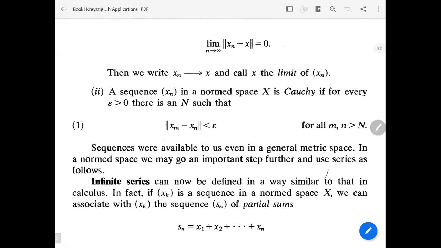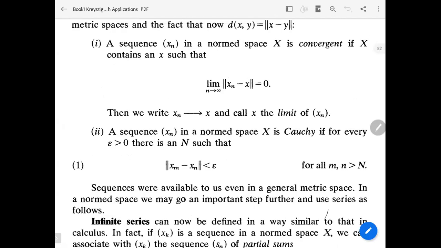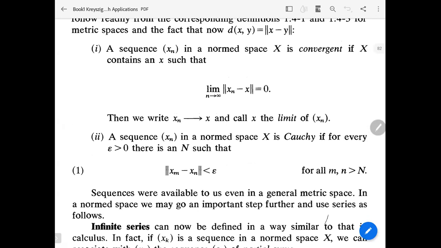A sequence x_n in a norm space X is Cauchy if for every epsilon there is a natural number N such that the norm of x_m minus x_n is less than epsilon for all m, n greater than the natural number N. So the convergence: if the limit of the norm of x_n minus x is equal to 0, then we say that the sequence x_n in the norm space converges to x.